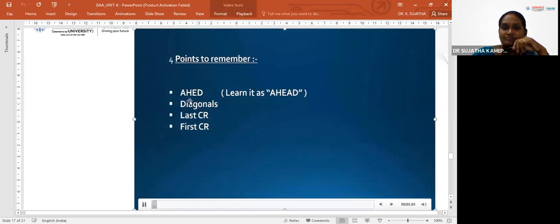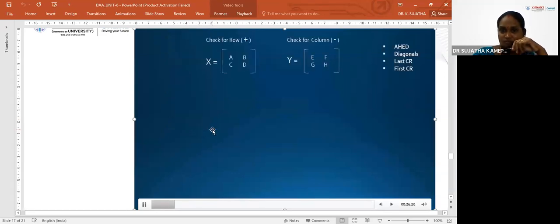First one is AHED. Diagonals we need to take, then last CR, that is the last column and last row. First CR represents first column and first row. So here this is a 2 by 2 matrix and this is another 2 by 2 matrix.